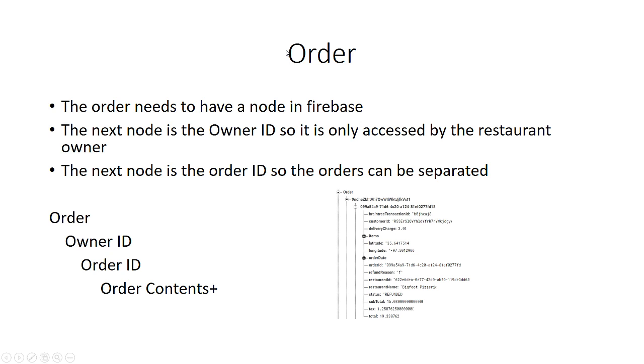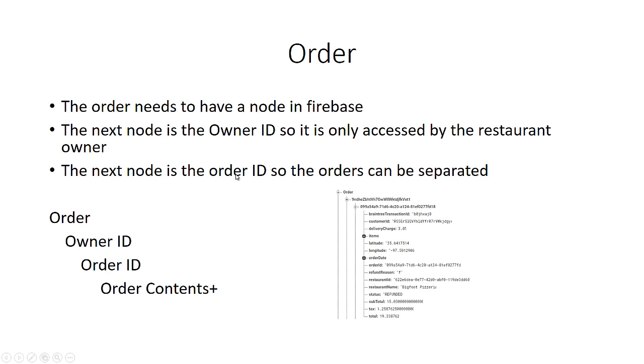First off, whenever the order is created by the diner and sent to the restaurant owner, there needs to be an order node in Firebase. Whenever the order is created, it places a node in there that is the owner ID of the restaurant.